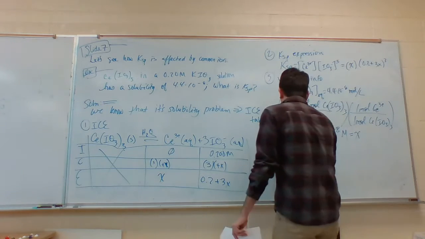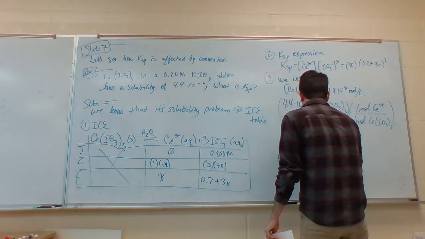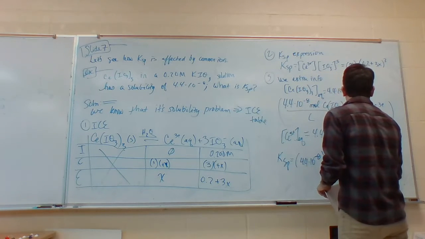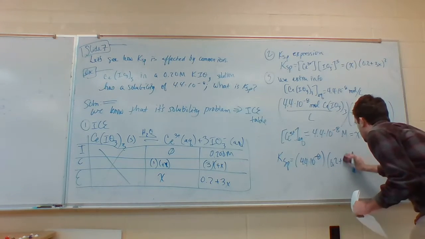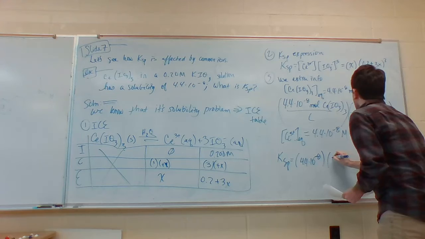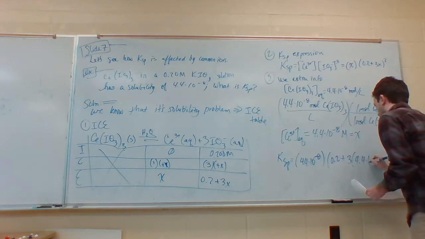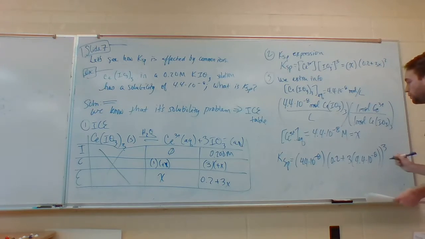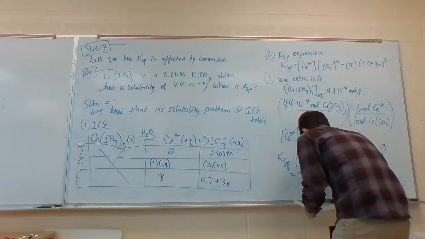I can then plug in my x into my Ksp expression. So I have 4.4 times 10 to the negative 8 times (0.2 + 3 times 4.4 times 10 to the negative 8), and all of that gets cubed, and that will end up giving you a Ksp equal to 3.5 times 10 to the negative 10.